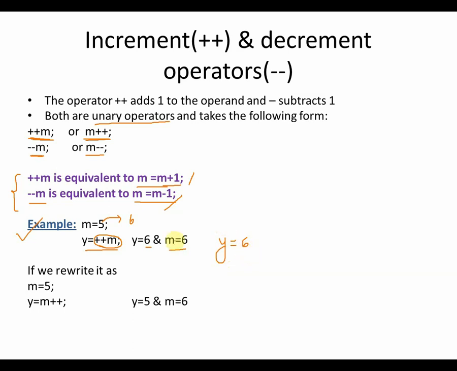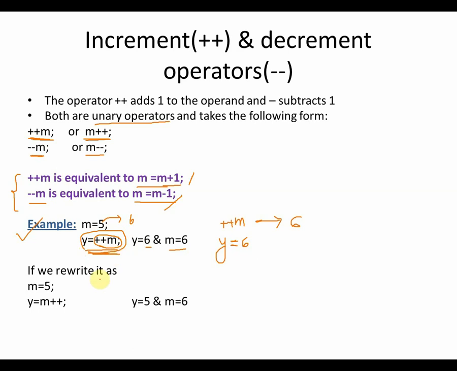Okay, so whenever we perform this, we first perform the increment of the variable m. From 5 it will become 6. After m is incremented, it is assigned to the variable y, and hence y will also become 6. Okay, so this is how the evaluation of this expression happens.